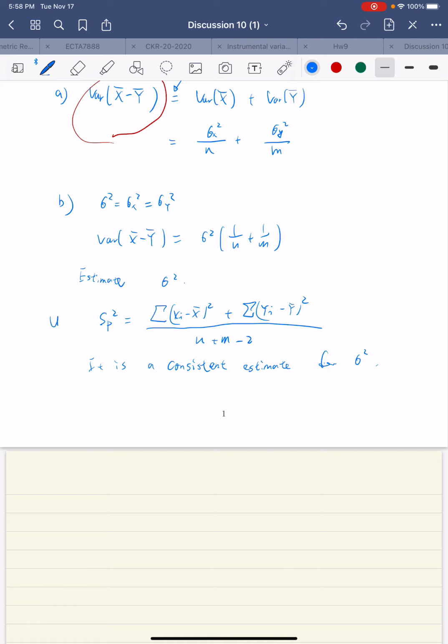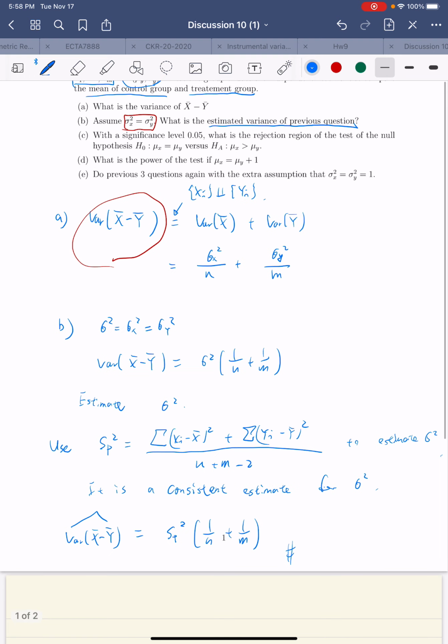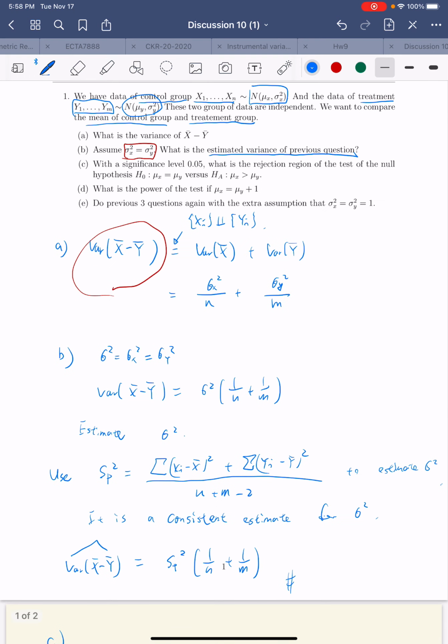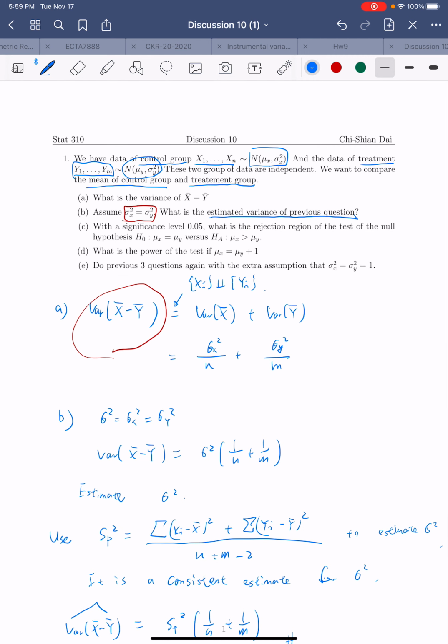So we use the pooled standard deviation to estimate sigma square. So in the end, we will have the variance estimate equal to SP square times the constant.